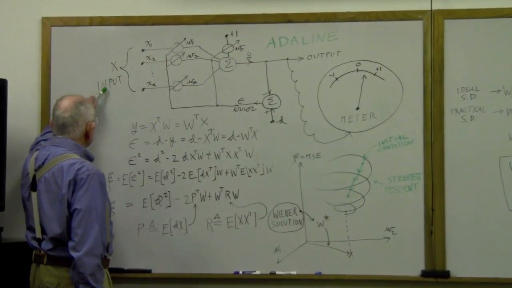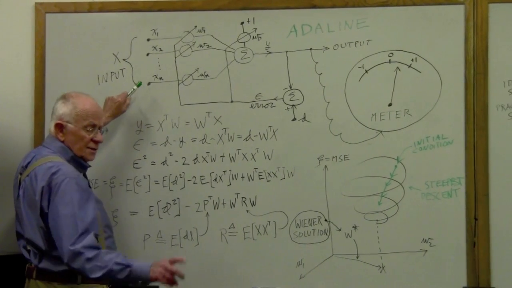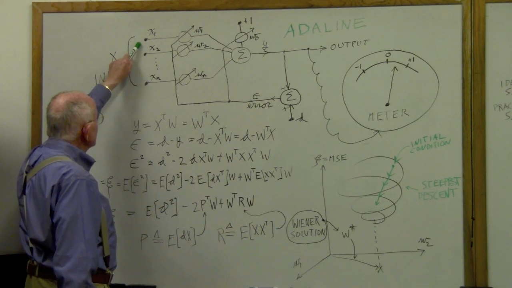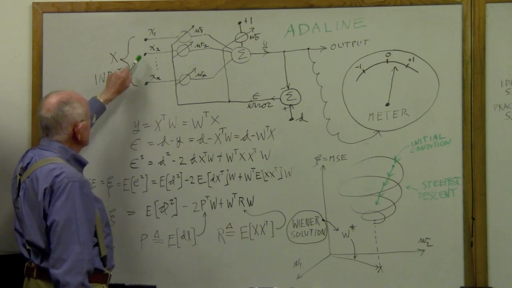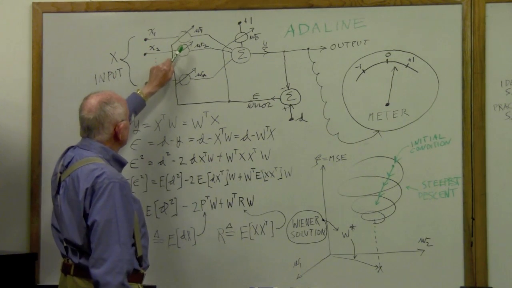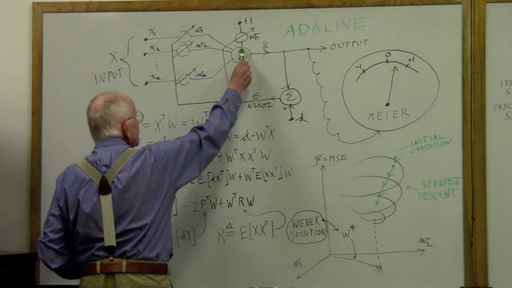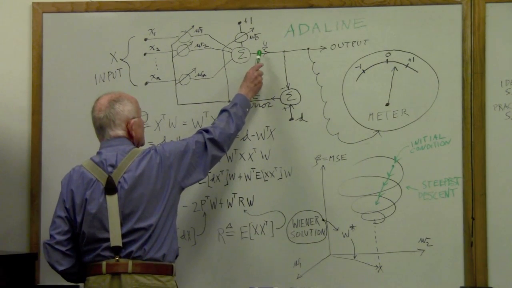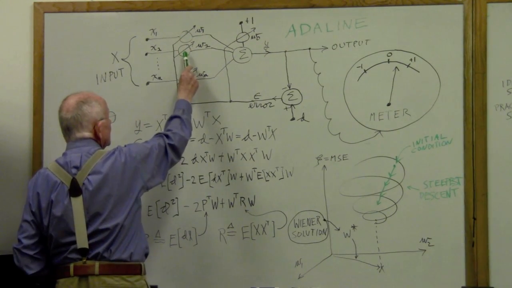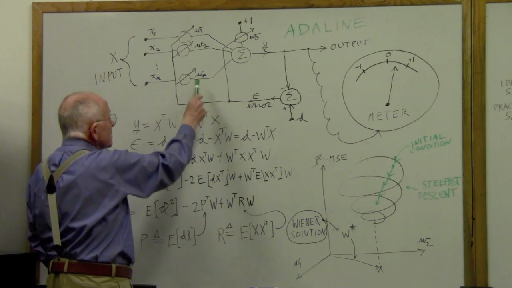We have an input X, which is an input pattern. Each pattern has a set of components. On the two Adalines that I've shown you, the inputs are either +1 or -1, yet in principle, these inputs could be analog. Each input goes to a weight. These are the weights. We form a weighted sum. This is a summation. So Y is the sum of x1 multiplied by w1, x2 multiplied by w2, all the way down to xn multiplied by w sub n.